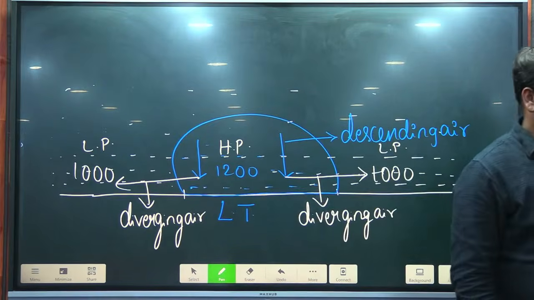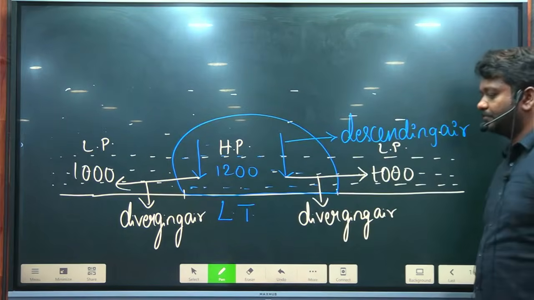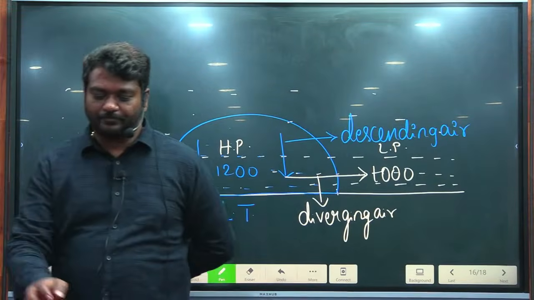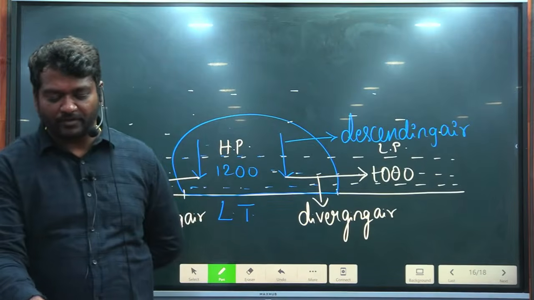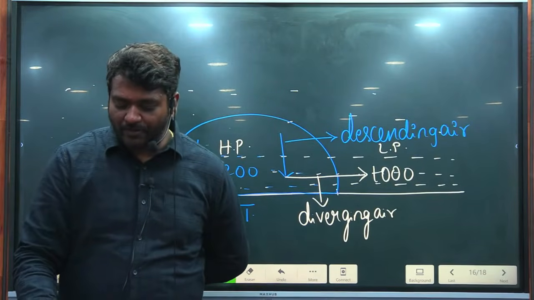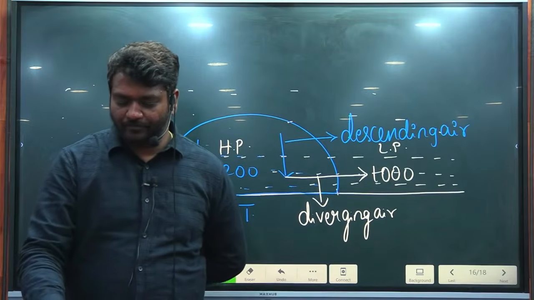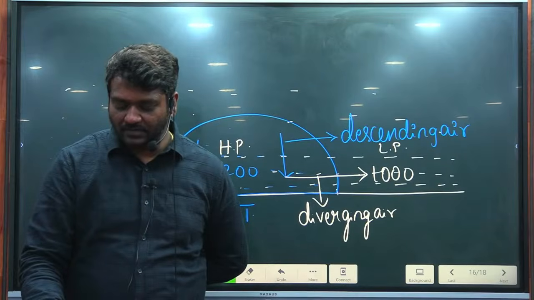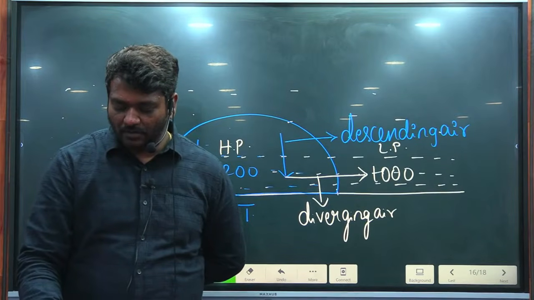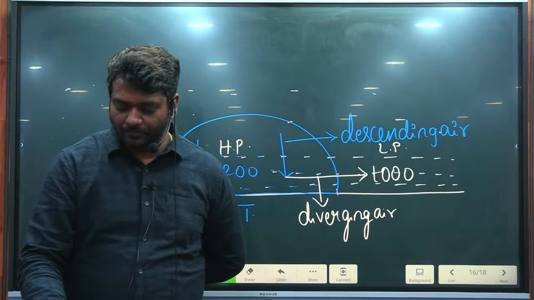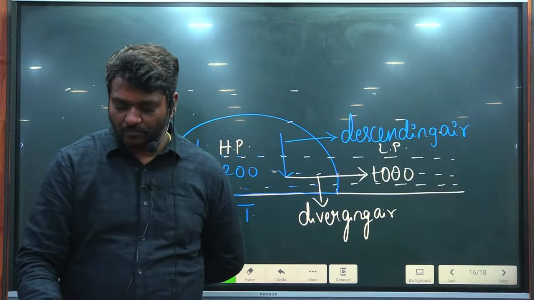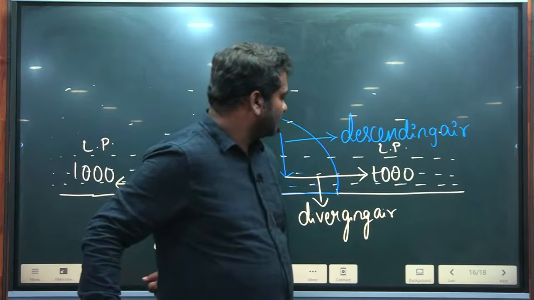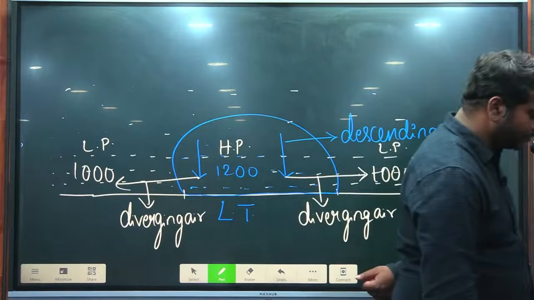Due to this, wind will blow from high pressure to low pressure, that is, there will be diverging air.